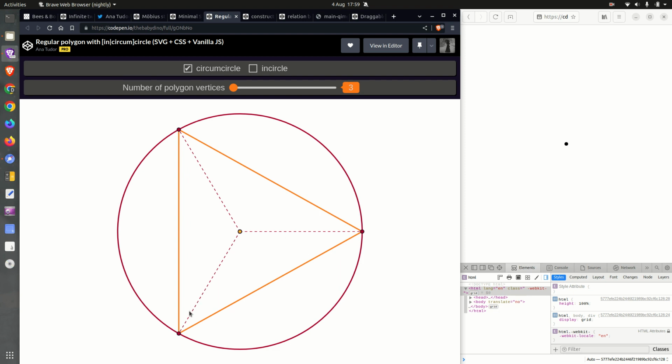So it points that way. When we rotate it by 2 times 120 degrees, it points that way. So just rotating is not enough. We need to also translate after rotating, and translate by the radius of the circle, right? So we bring it from the middle of the circle to the circle itself.